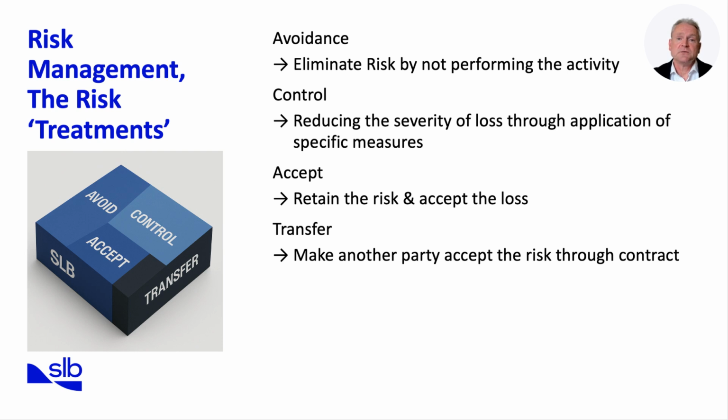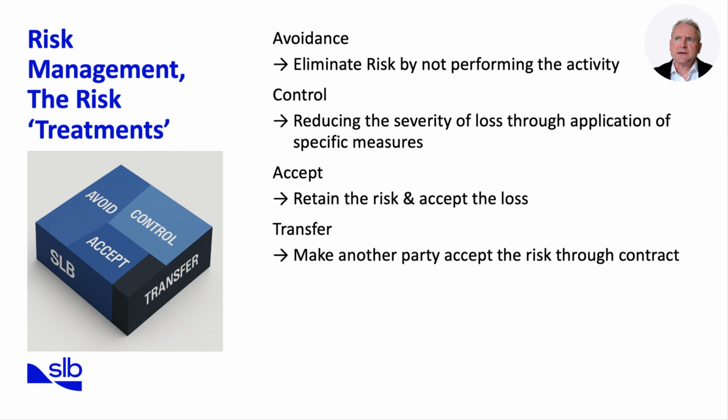Control focuses on reducing the severity of a potential loss by putting safeguards in place, and this could mean using managed pressure drilling to control kicks or running a contingency liner string to reduce the chance of lost circulation escalating into a major well control event. Accept is when the team acknowledges that the risk exists and agrees to bear the consequences if it occurs.